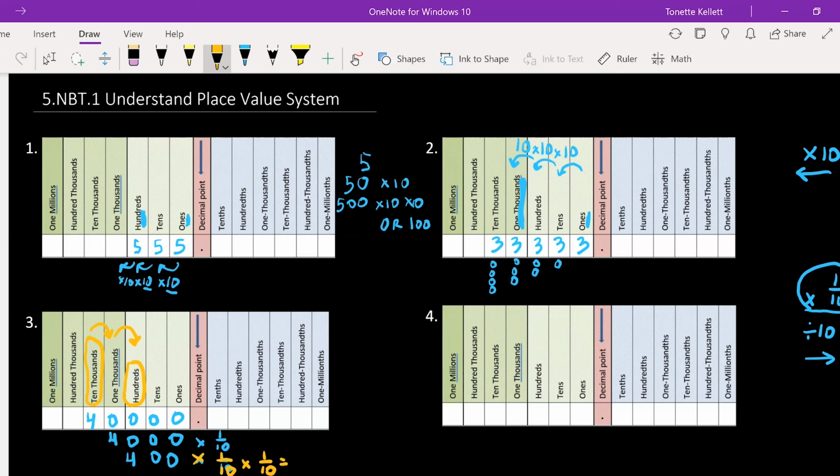Multiply those two together, and you see that it was a jump of 1/100th. So 40,000 to 400 is 1/100th of 40,000. 400 is 1/100th of 40,000.